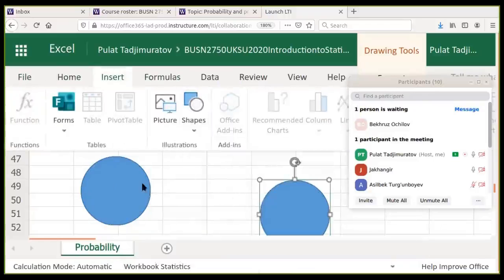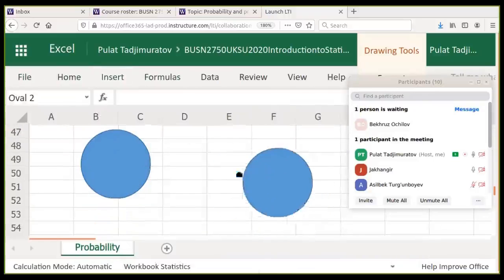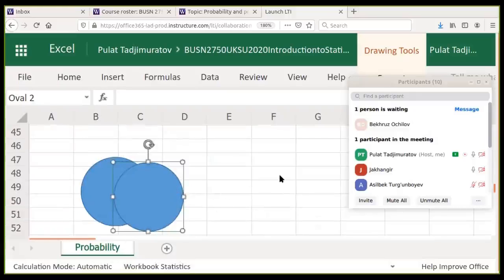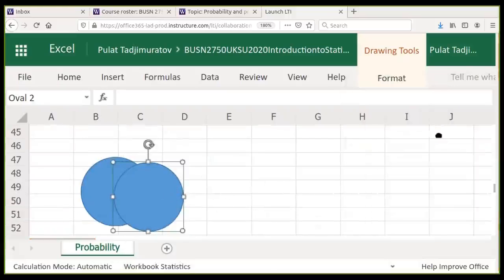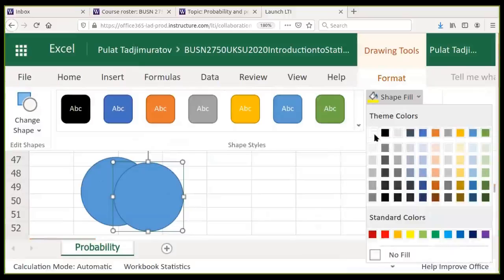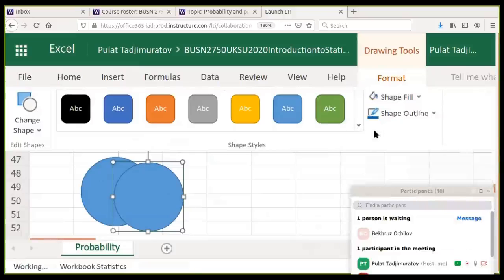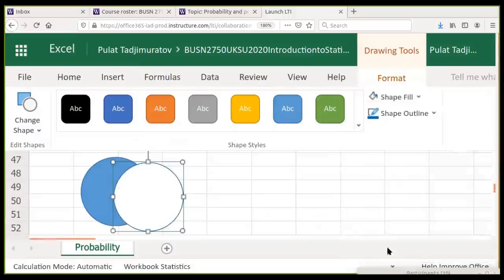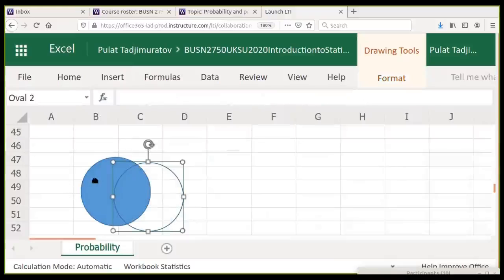I'm not sure whether it will work as I intend, but we will try. Okay, no, it seems it won't behave the way I want it to. Okay, yeah, here it is.